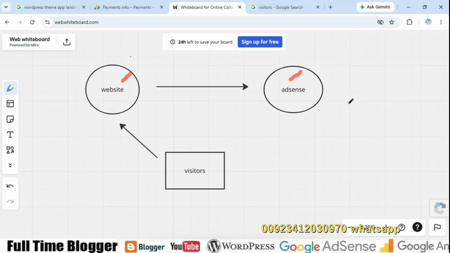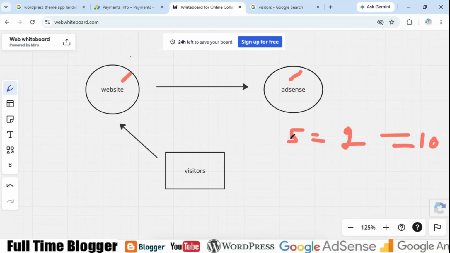If your CPC is $5, okay, and you get 2 clicks, you will get $10. Okay, because your CPC is $5, so if you get 2 clicks, you get $10.